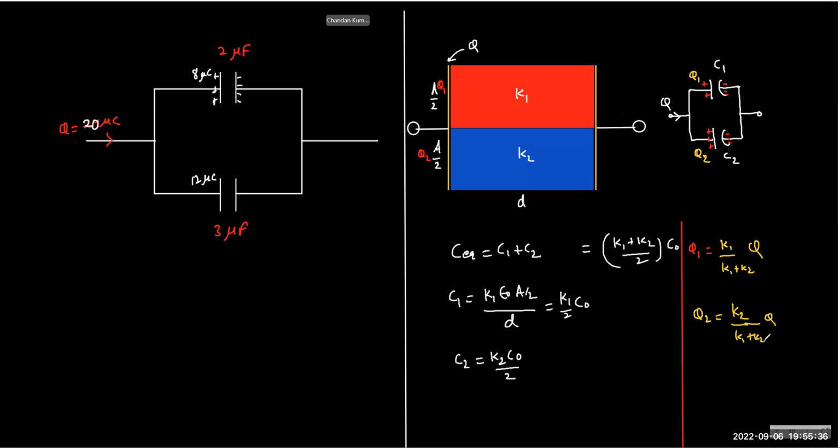Once you get Q of each plate, you can find the electric field due to the plate above and the plate below, where the formula is sigma by epsilon naught, so Q1 by A by 2 by epsilon naught, something like that. So you can find the field also, and you can do everything. Those questions are not my concern. I have some concern here, which I'll come to very soon. Before that, I'll solve one more question.